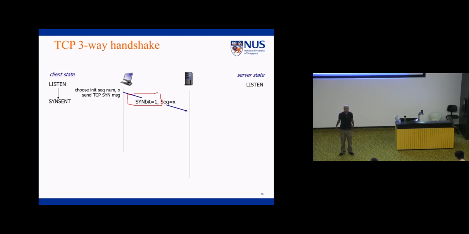So there are some issues. What we usually do is start counting from some random point. So we pick a random value for our sequence number and then start our counting from there. So this is to say I want to open a connection with you, and my first byte will start at this. Just an offset in some sense.